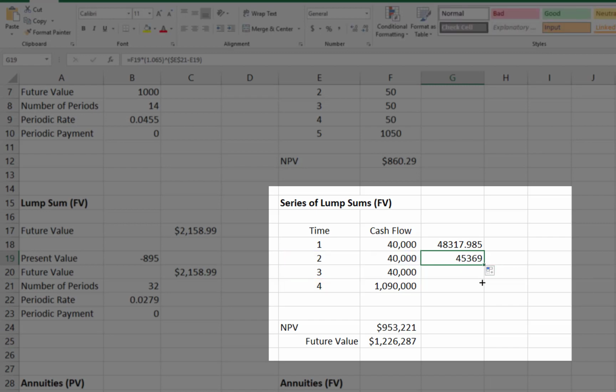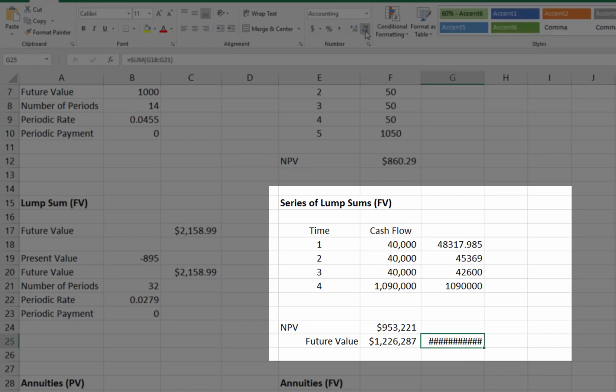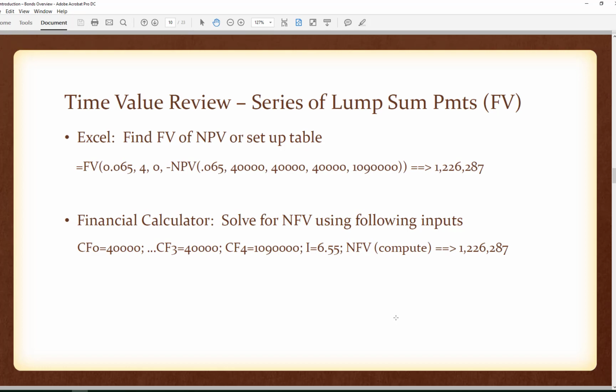And then if I drag that on down, we got this one compounding 1 year, this one is compounding 0 years, so it's going to be equal to itself. And then the net future value is just going to be the sum of each of these 4 pieces. And if I format that, I'll get the exact same answer, 1,226,287. So that is net future value of a series of lump sum payments.